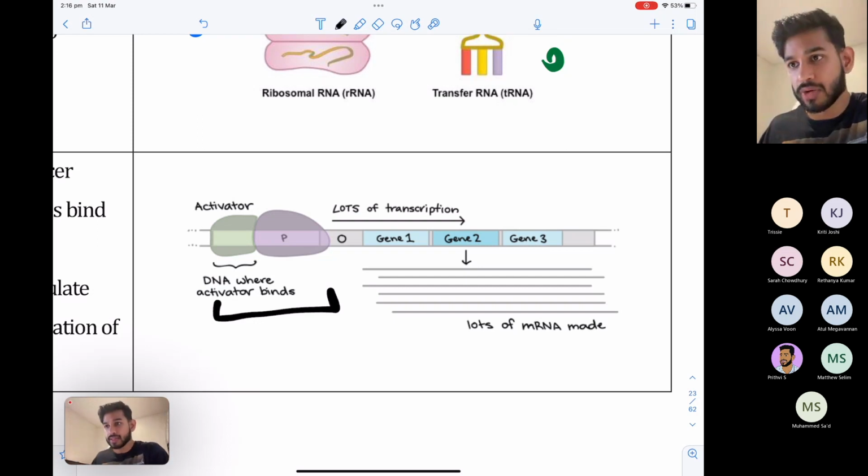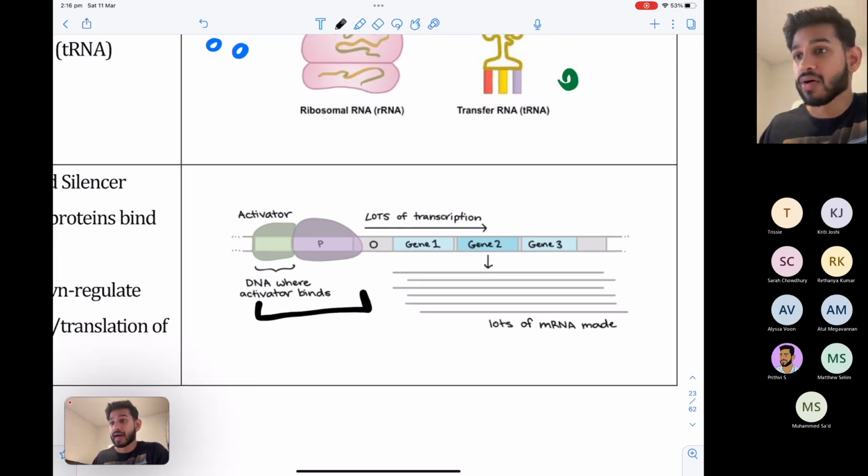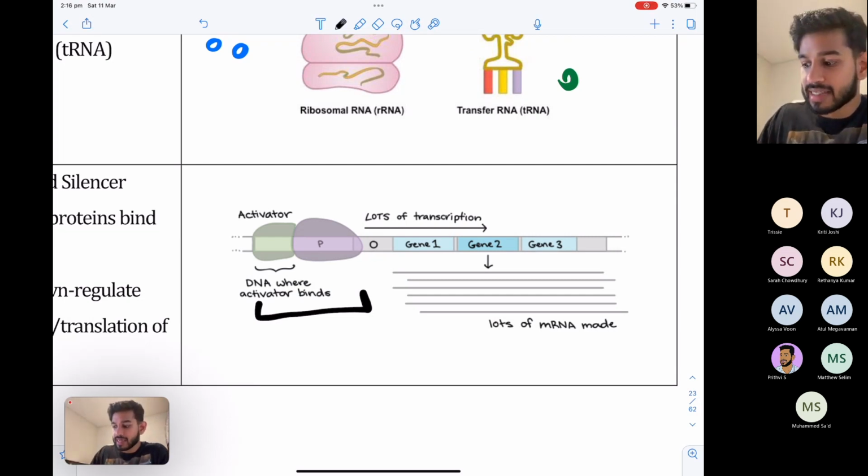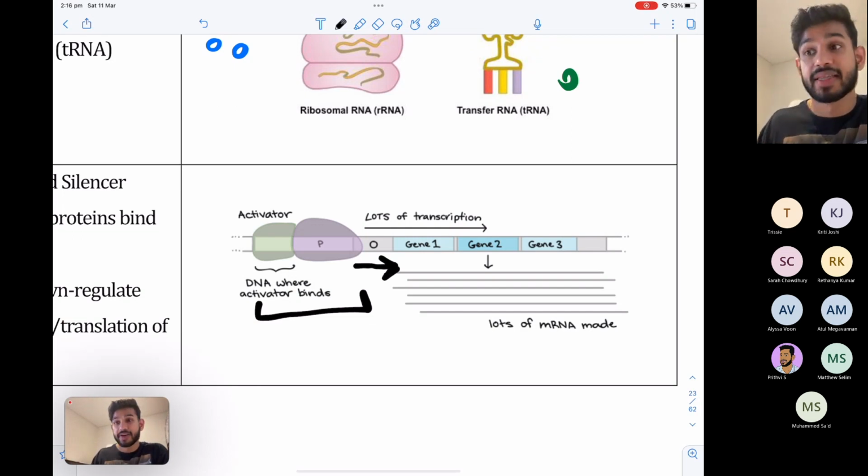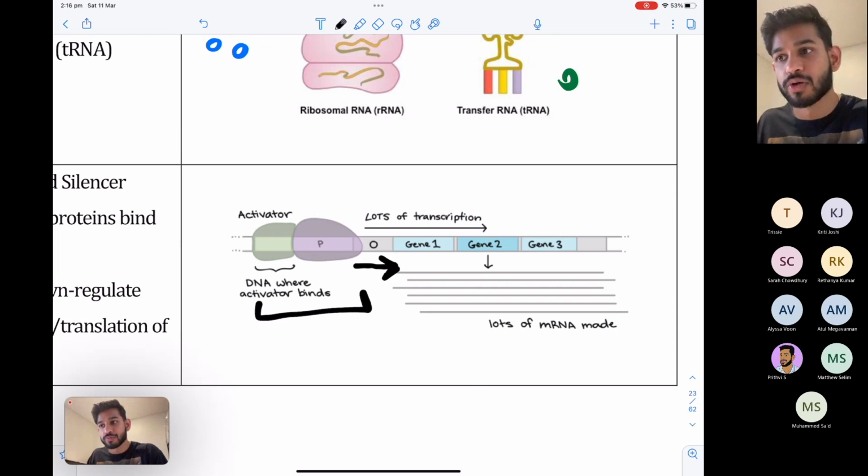Now, the way this gene regulatory sequence works is it allows other chemicals or hormones to bind to it. And when those chemicals or hormones bind to it, it'll send signals downstream that affect the amount of transcription or translation of gene 1, gene 2, or gene 3.